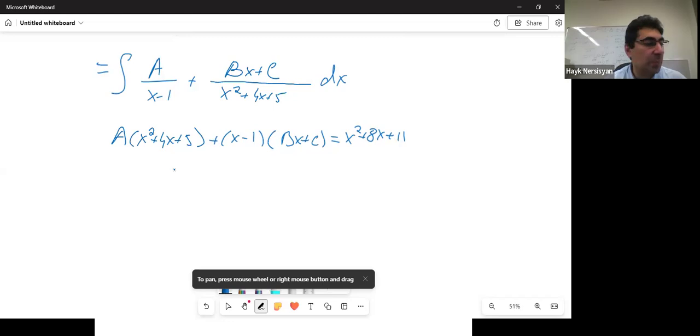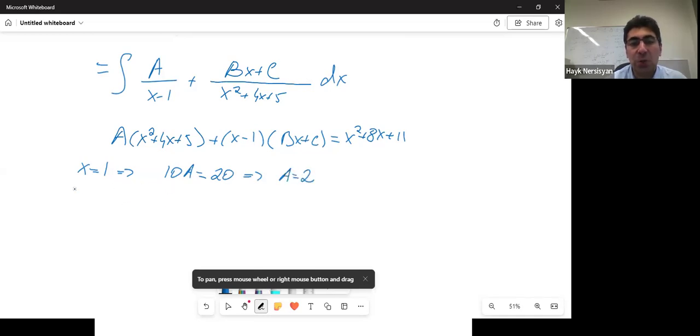I don't think there is a big difference between these two methods. Let's plug x equals to 1. We'll get 1 plus 4 plus 5, 10a equals to 1 plus 8 plus 11, 20. So our a is 2.